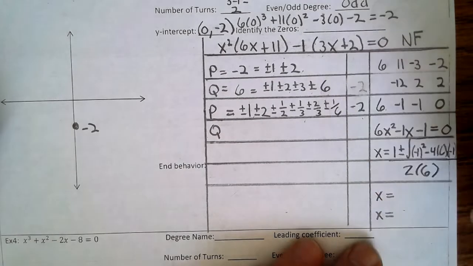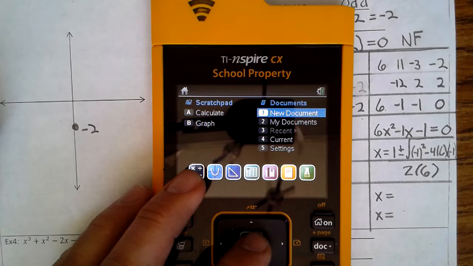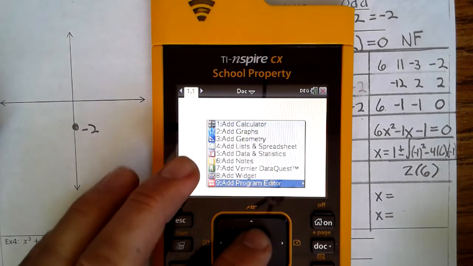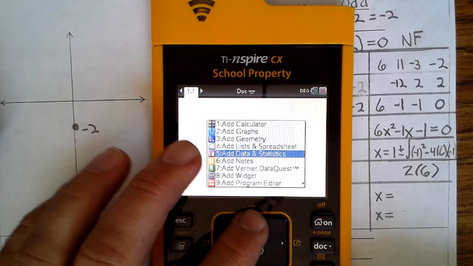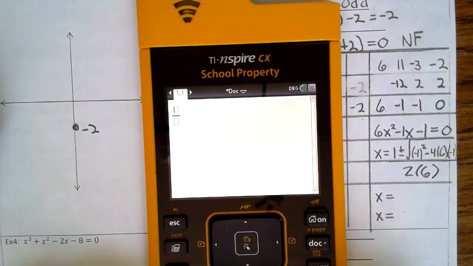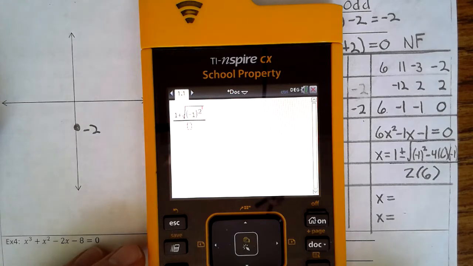Control divide. 1 plus Control square root, parentheses negative 1 squared, and then minus 4 times 6 times negative 1, divided by 2 times 6.